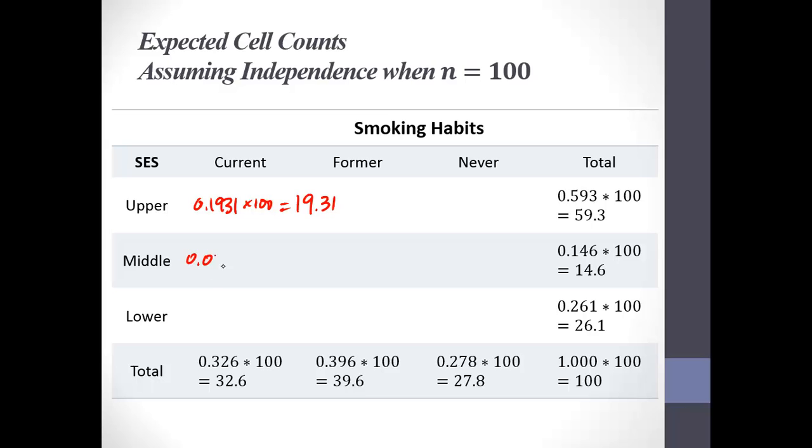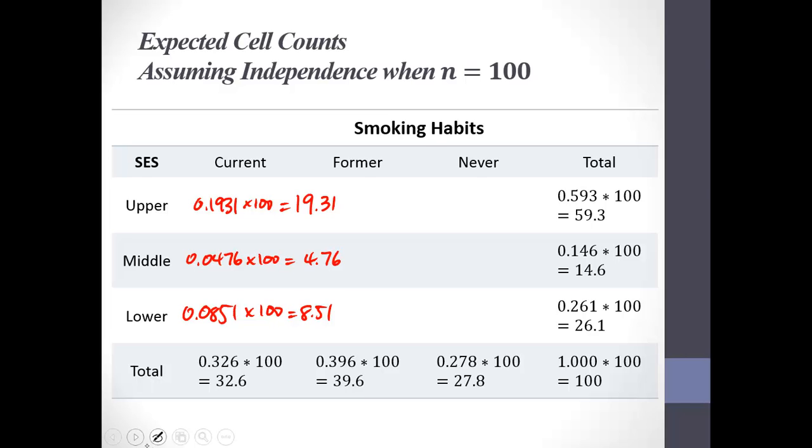We had 0.476. And finally we had 0.0851. So again, if I have 100 people, and 19.31% of them are upper class and current smokers, that just means that I'll have 19.31 people in that group.